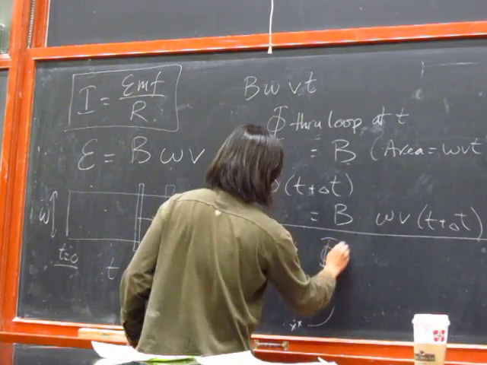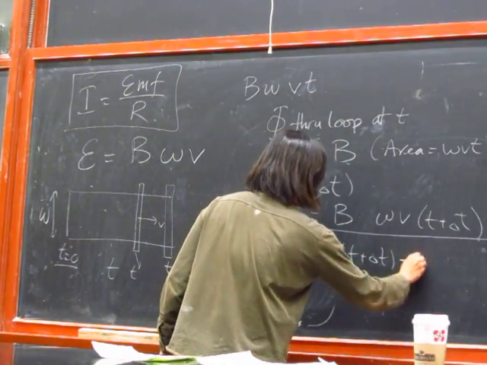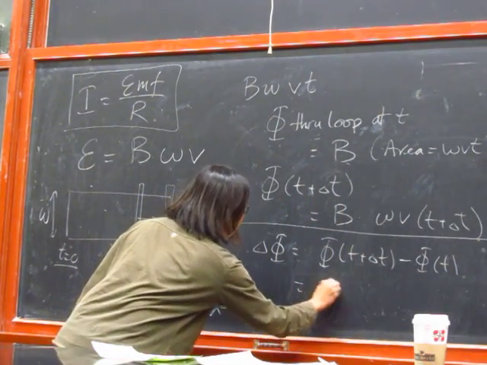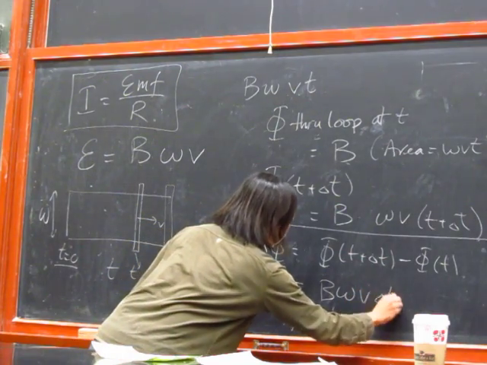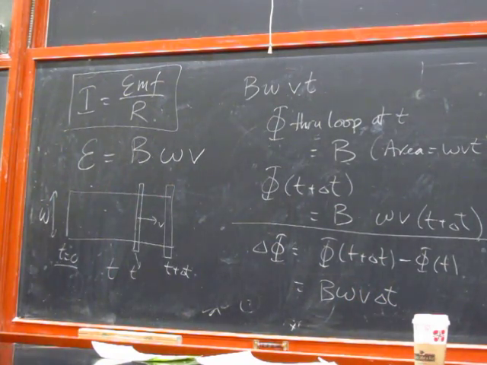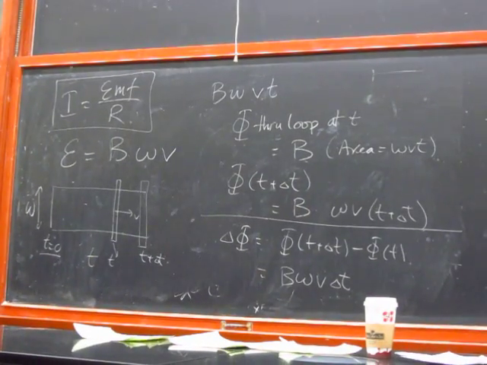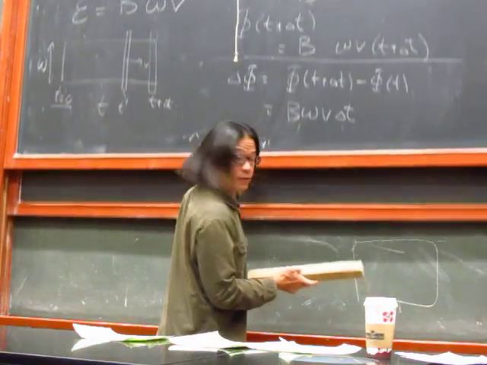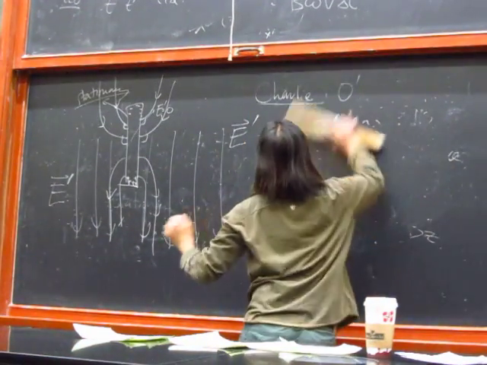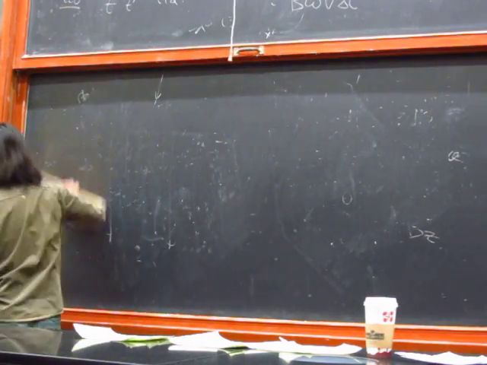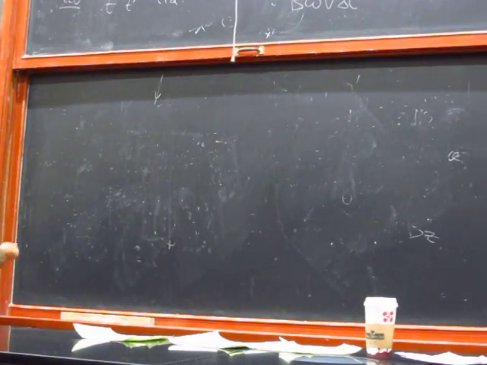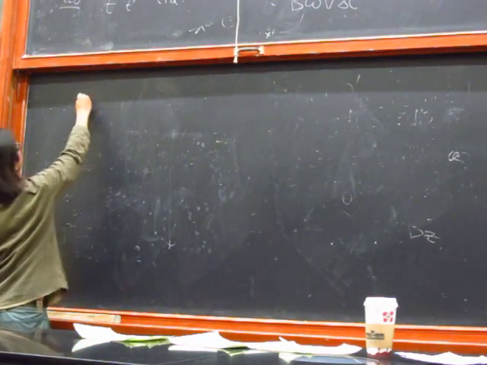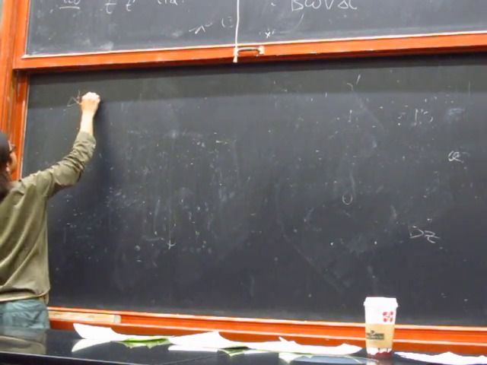It's just B W V delta t, right? Now, as you see, then the EMF, let me just rewrite that equation in the limit of delta t going to 0.